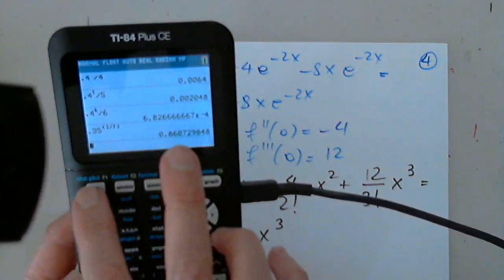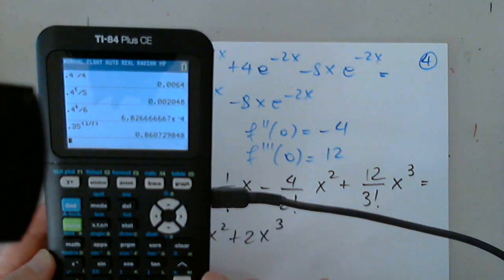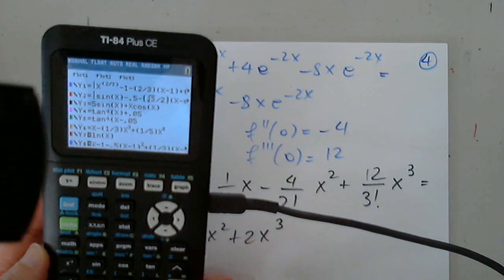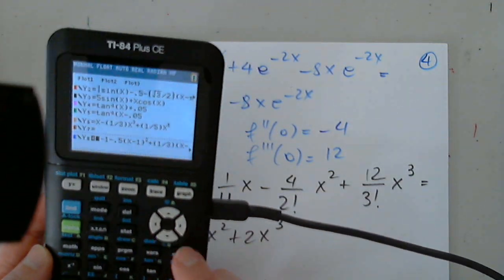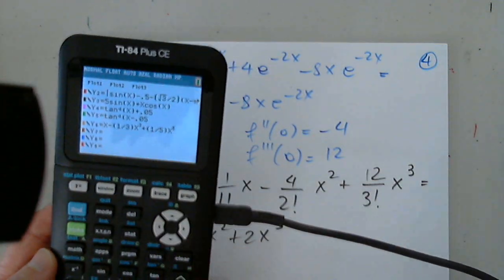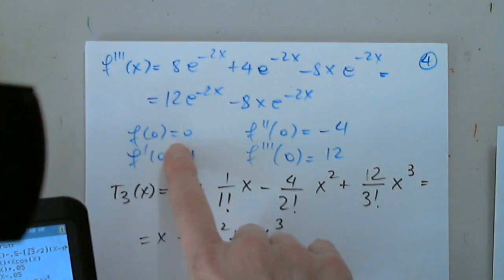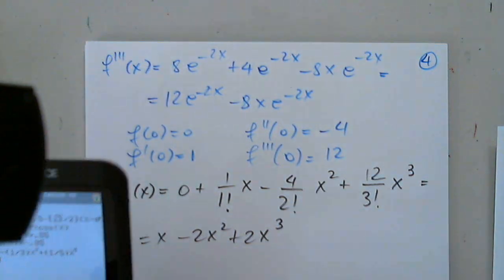Okay, I'm going to go directly to this function, clear that, and clear this. So the original function, and again, we were discussing everything near 0.